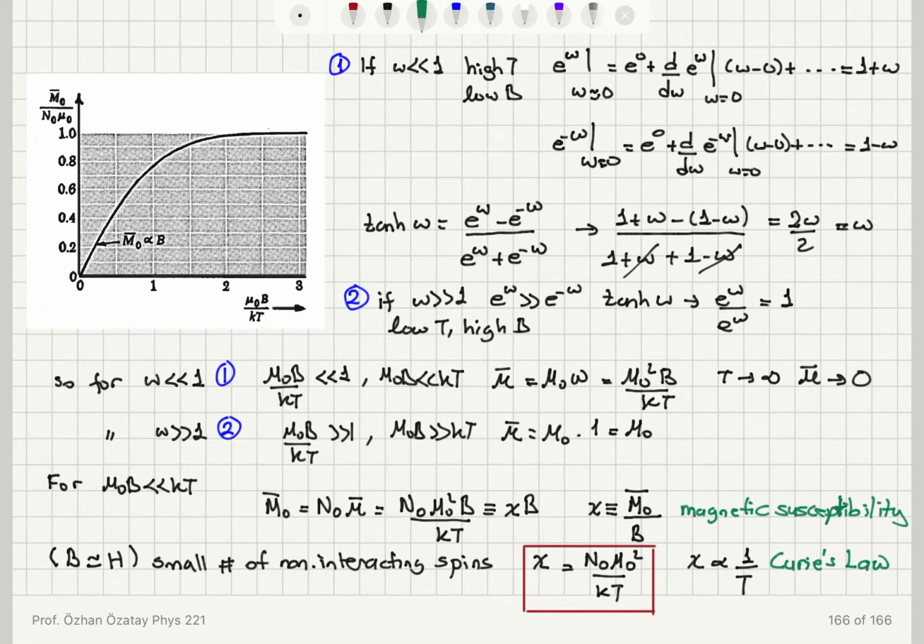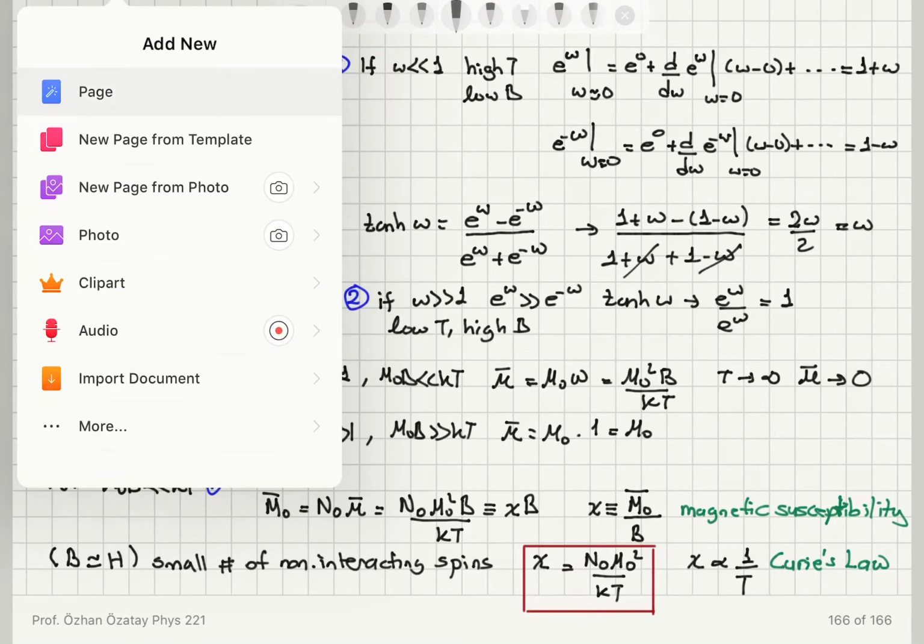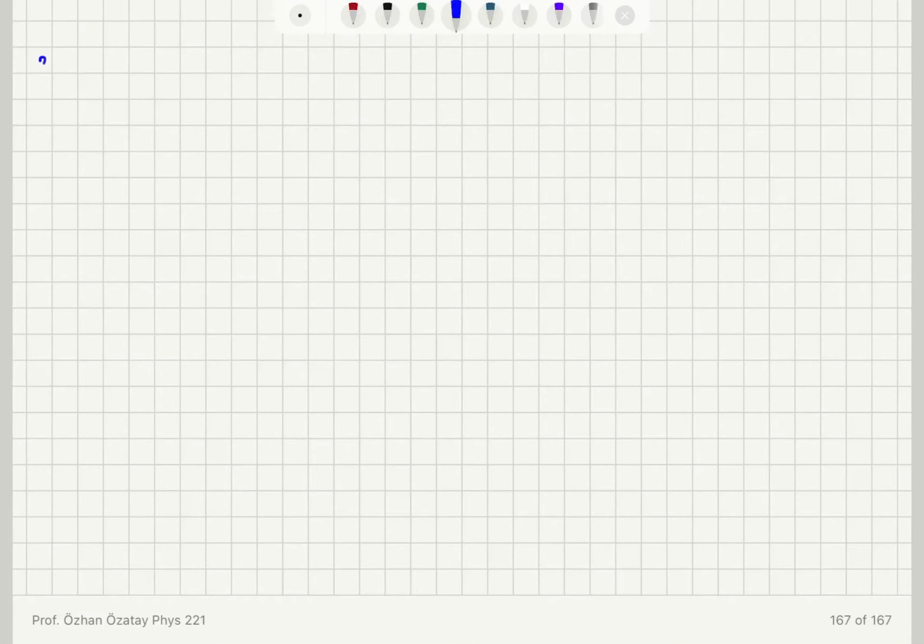Okay. Now, if you look at the behavior for a large omega value, high magnetic field value, the second case, so this was the first case I looked at. In the second case, I will have a large magnetic field when mu 0 B is much greater than kT, or low temperature.